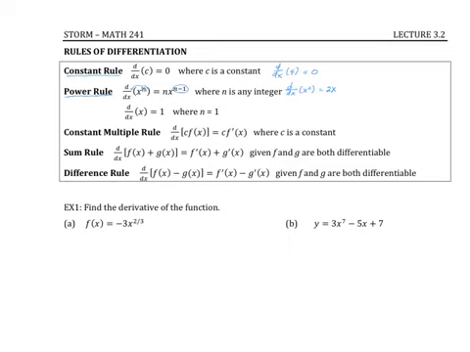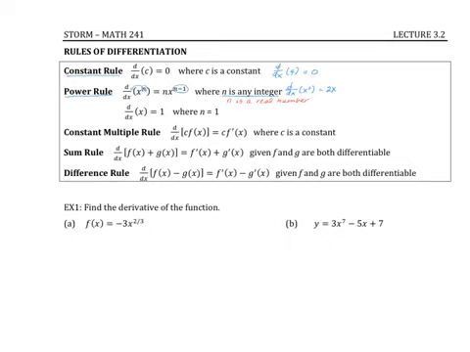Now in this section they're saying that n is any integer. However, you can use the fact that n can be any real number. This property is going to come up a little bit later, but you could use that now.